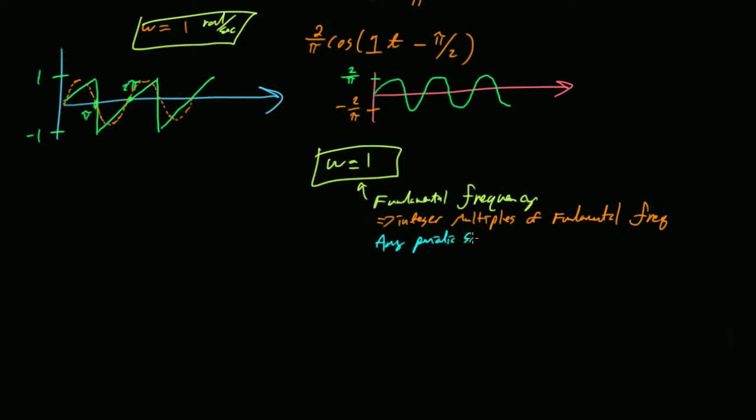So, right now, we've just completed testing omega equals 1. What's the next frequency that we're going to investigate for our sawtooth? 2. We're only going to do integer multiples of this number. Turns out this number is 1, so integer multiples of it are just going to be 2, 3, 4, 5, and so on. We are going to have to go to infinity, which is a bit of a drag.